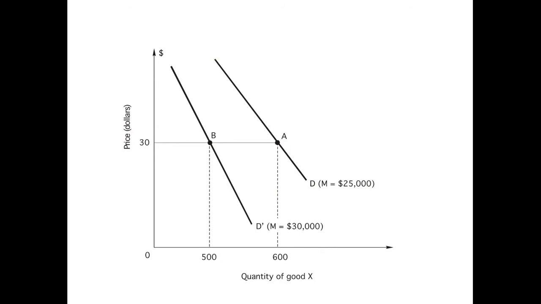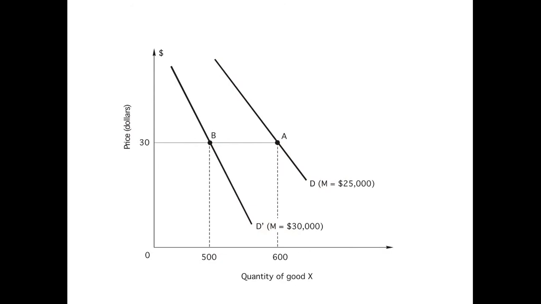Here we have two demand curves. This demand curve is indicating an income level of $25,000. So we may call that the original demand curve, and income is $25,000. The new demand curve, labeled D prime, is at a level of income of $30,000.